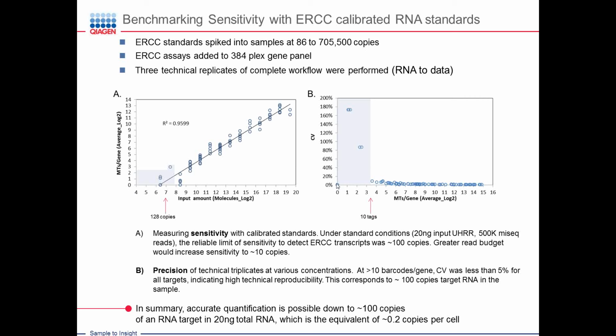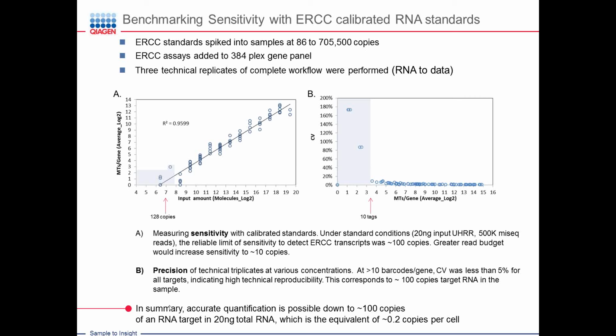If we look at the CV versus the molecular tags that are captured, things fall apart about the same place. When we hit about 10 unique tags per transcript, the CVs go up. So this is where that number comes from that I mentioned before, that when we capture less than 10 unique transcripts for a gene in the sequencing experiment, our CVs tend to degrade.